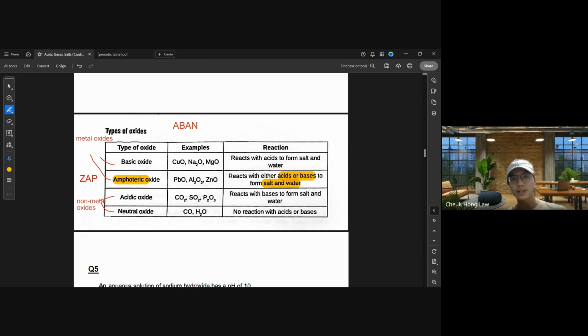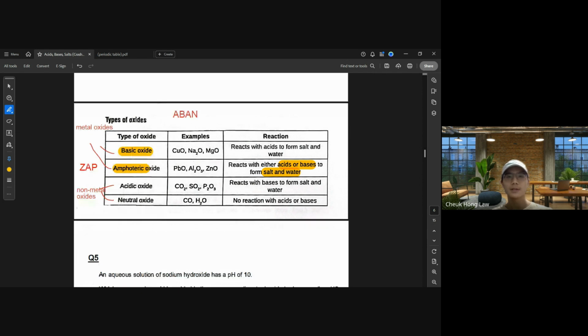Remember I mentioned that basic oxides are also metal oxides. So all metal oxides except for these 3, zinc, aluminium, and lead, are basic oxides. Simple to remember: amphoteric is Z, and basic is everything except for Z, and they're all metals. Examples are copper(II) oxide, sodium oxide, and magnesium oxide.